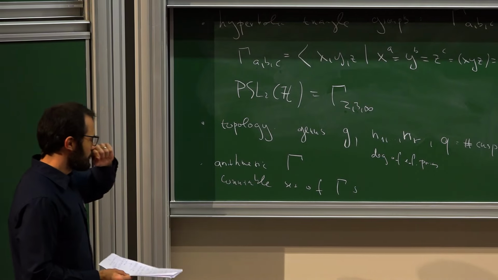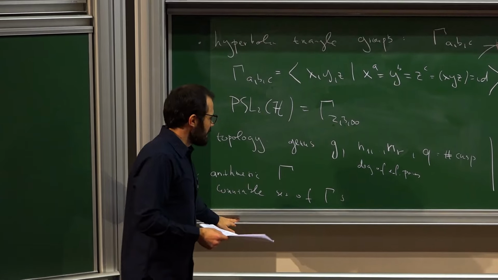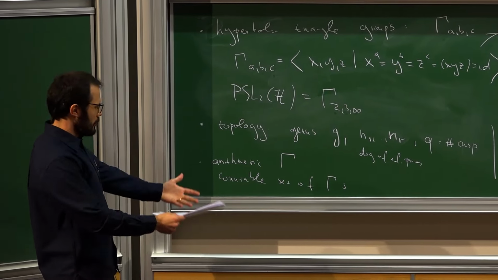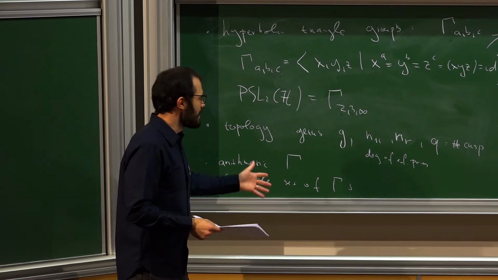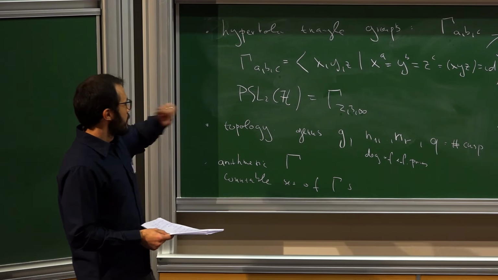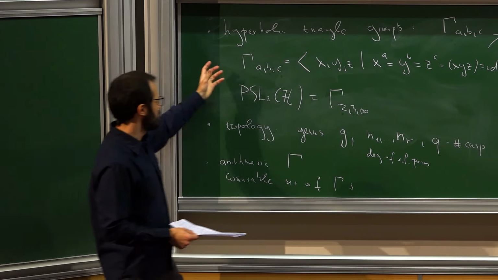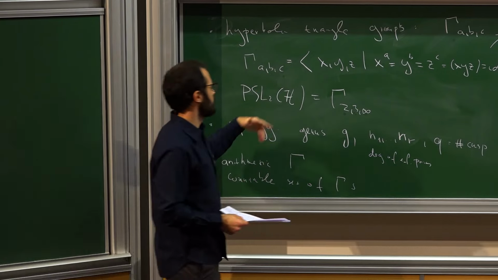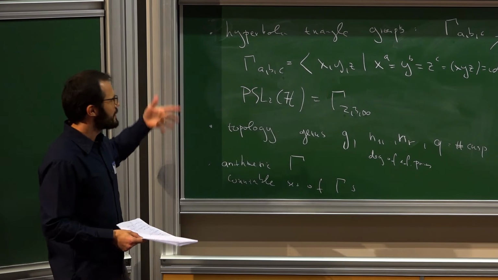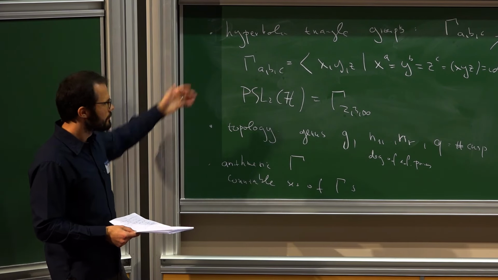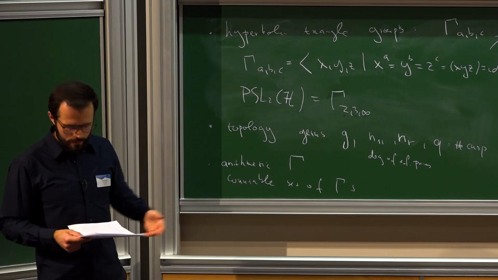I don't really want to go into the details of this definition, but they are basically even more special hyperbolic surfaces than the general hyperbolic surface. For example, among these hyperbolic triangle groups, there are only finitely many of them which have this property. So out of infinitely many gamma ABC, there are I think 85 such which can be defined using quaternion algebras, and therefore have relevance for number theory and for constructions of L functions.